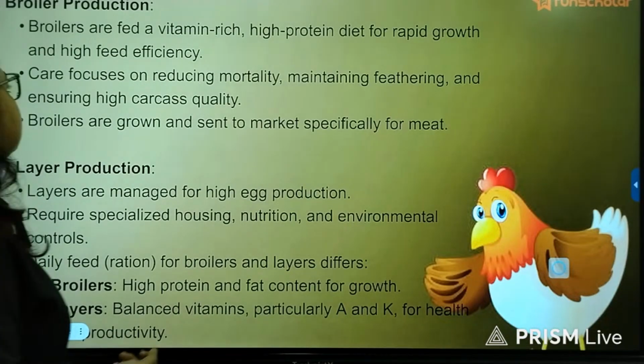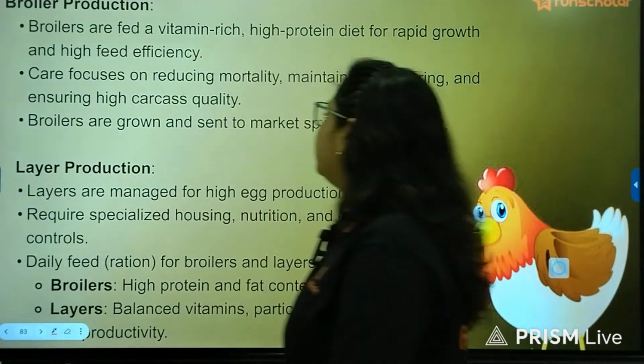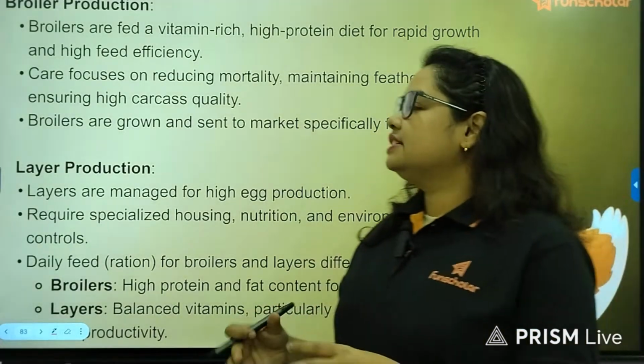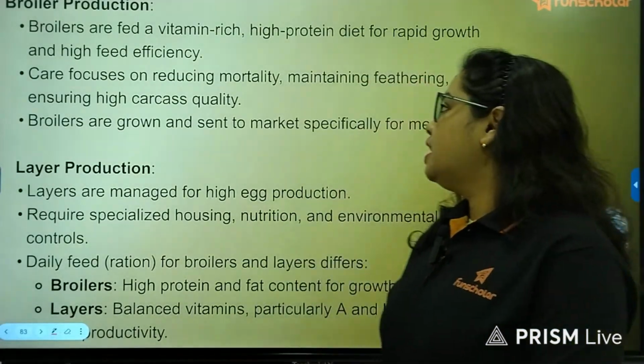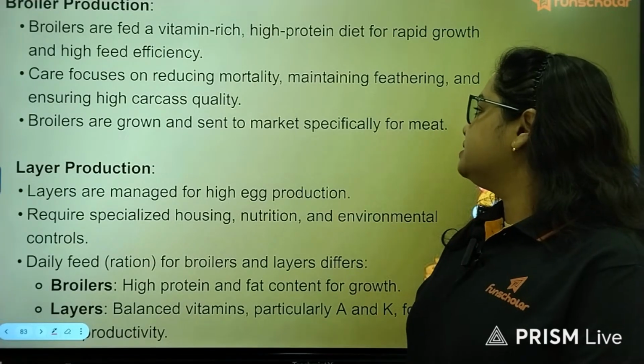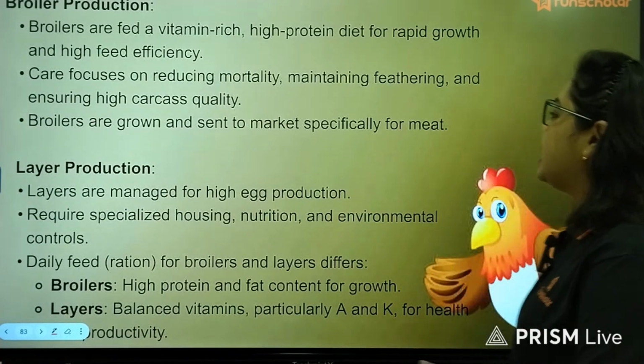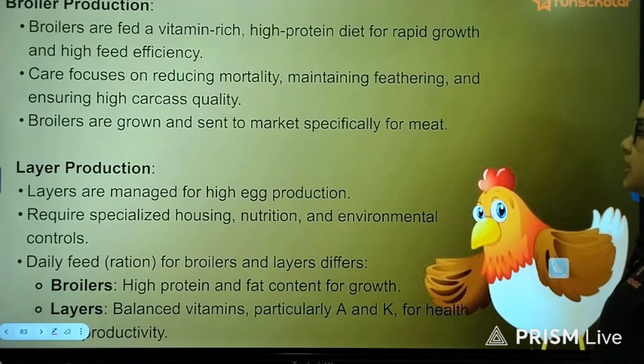Now for broilers, they are fed with a vitamin-rich, high-protein diet for rapid growth and high feed efficiency, because the size here matters. Now the care focuses on reducing mortality, maintaining feathering and ensuring high carcass quality.